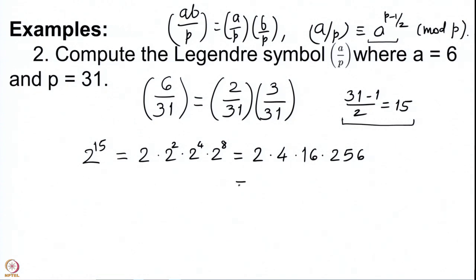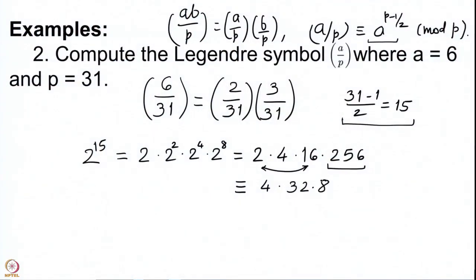When you look at it modulo 31, 16 into 2 gives you 32, which is only 1. So you are left with 4 into 256. 256 is 2 raised to 8, so that is 2 raised to 5 into 2 raised to 3, and 2 raised to 5 is 32 and 2 raised to 3 is 8. So this is again 32 square, and so this is simply congruent to 1 modulo 31.